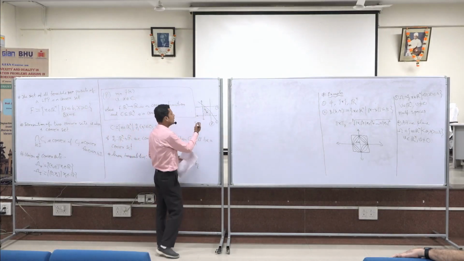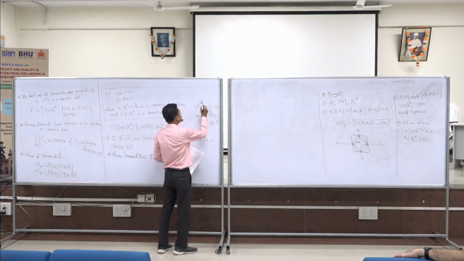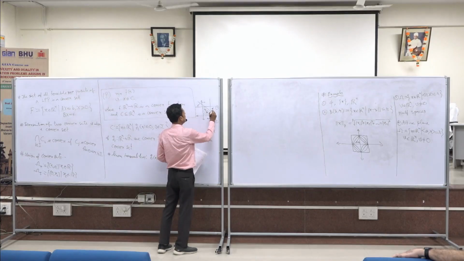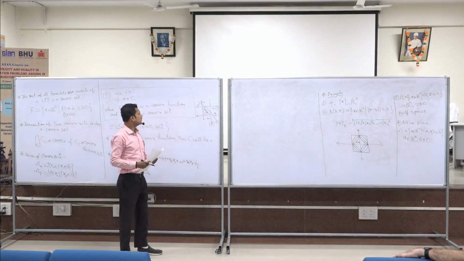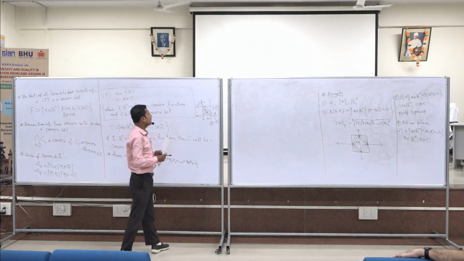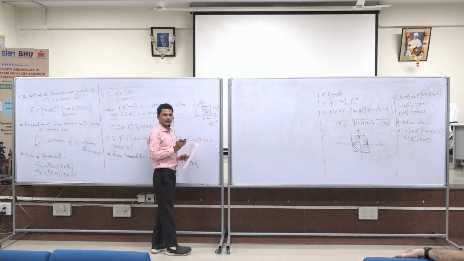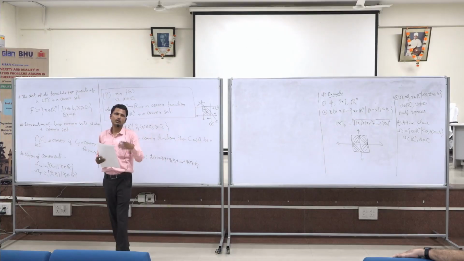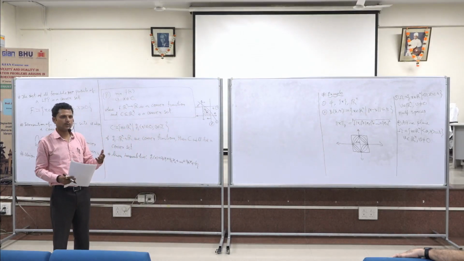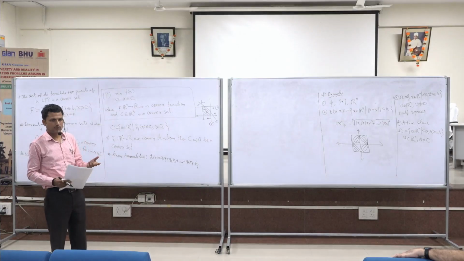So what are the half spaces? This is one half space, this is another, this is another, and this x1, x2. So there are 5 half spaces, and it is the intersection of these 5. Every half space is a convex set, so this is an intersection of half spaces, and therefore it is also a convex set.